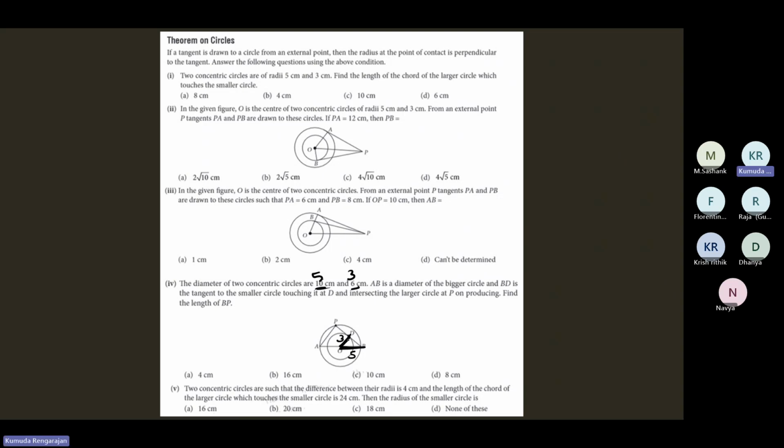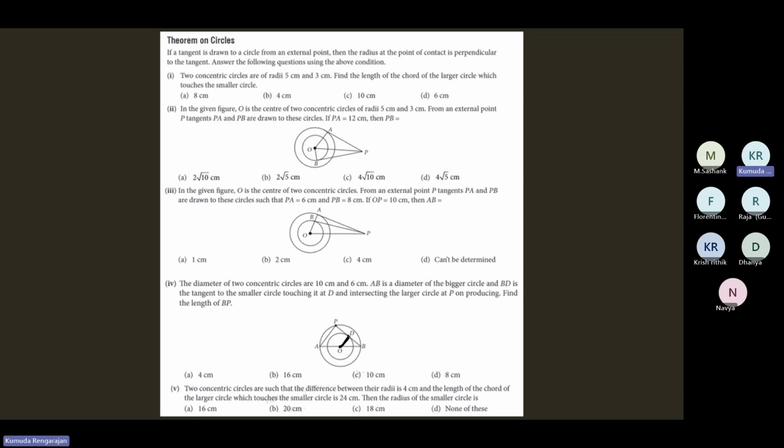So now this is 90, why is this 90? What's the reason? Ma'am, because angle P is 90. Because angle P is 90. Radius perpendicular to tangent.